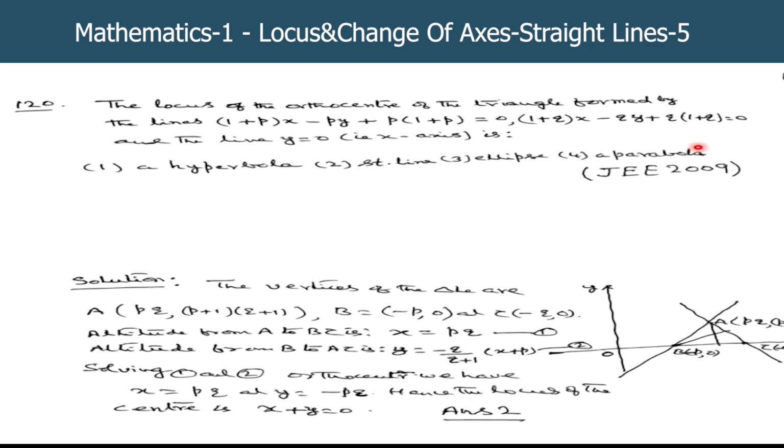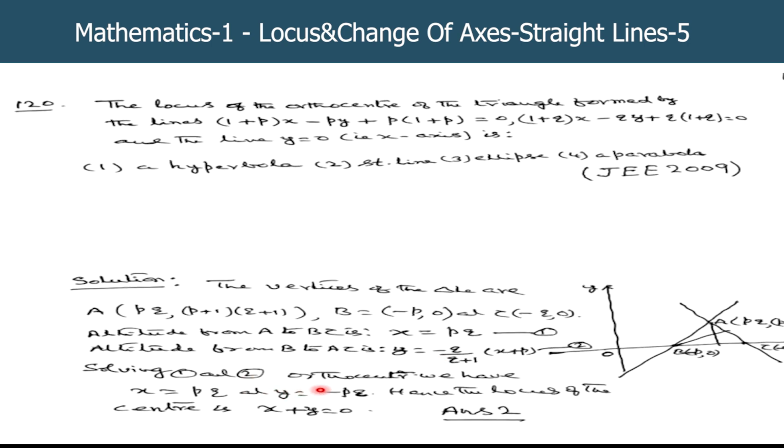Now you know that by solving the lines' equations, the vertices of the triangle are A(pq, (p+1)(q+1)), B(-p, 0), C(-q, 0). Now the altitude from A to BC is x = pq. The altitude from B to AC is y = -q by (q+1).